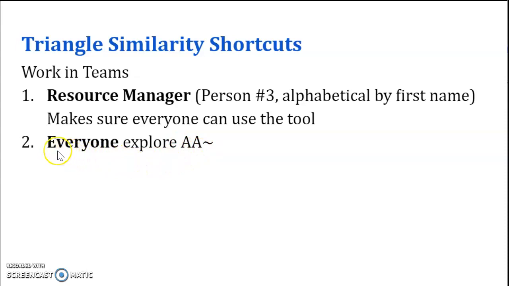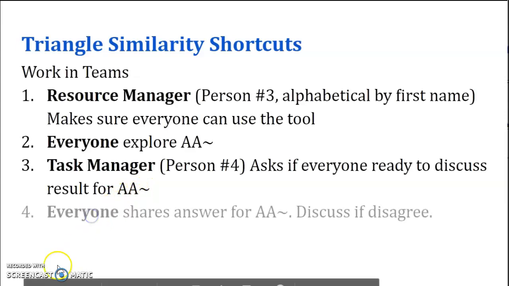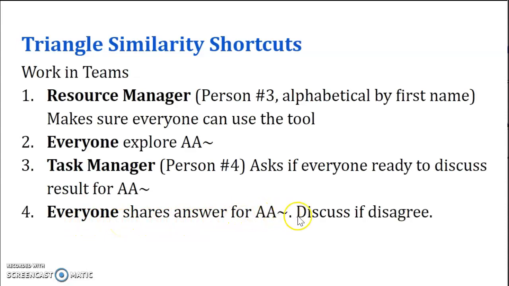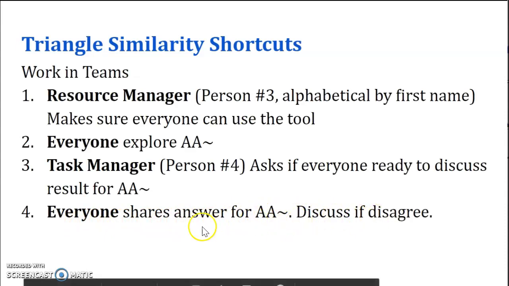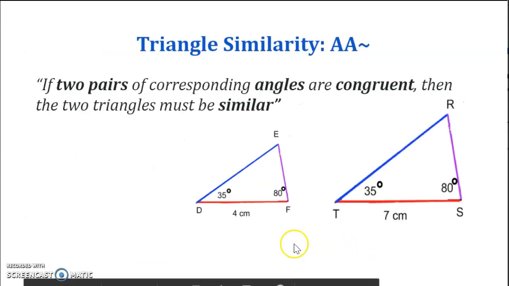I am going to explore A, just one corresponding angle, to give you an example. And then the task manager, the person number 4, asks if everyone is ready to discuss results for 2 angles, AA similarity, and if everyone shares their answer for AA similarity, and discusses if there is any disagreement. And everybody then moves to the next condition and repeats from number 2.